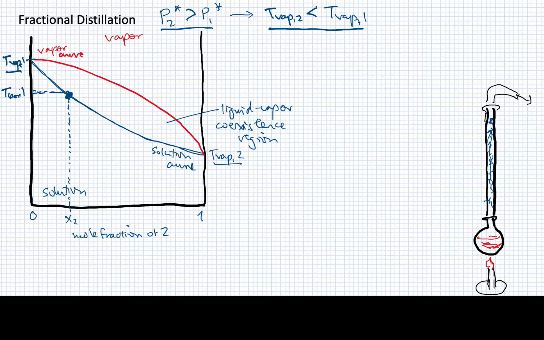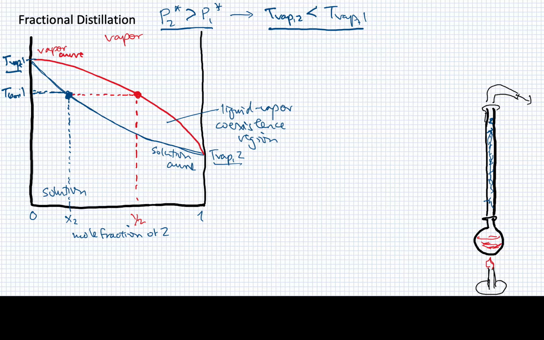But once it begins to boil, remember, the more volatile of the two components is going to be enriched in the vapor phase. So in fact what we'll find is we have to draw a line across here. This indicates the mole fraction of component 2 in the vapor phase from having done this. So let me draw this on down. So this would be Y2 in this case.